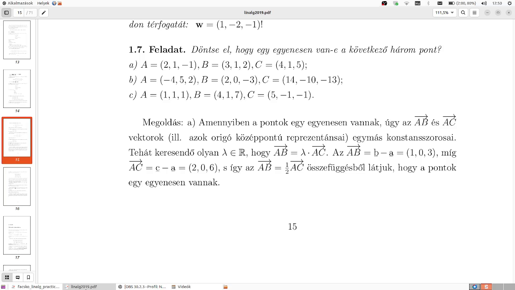To do anything, you pick up a point, I like A, calculate the vector from A to C, and calculate the vector A to B. It's very simple, actually, what you should do. Take the points and just subtract the coordinates and you get the vectors.